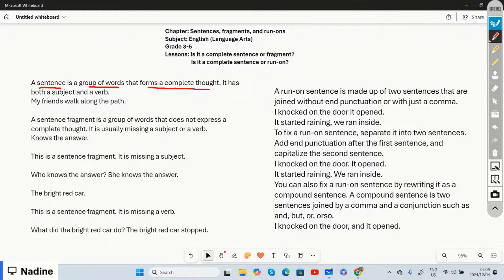And when it forms a complete thought, then a sentence has both a subject as well as a verb within that sentence.